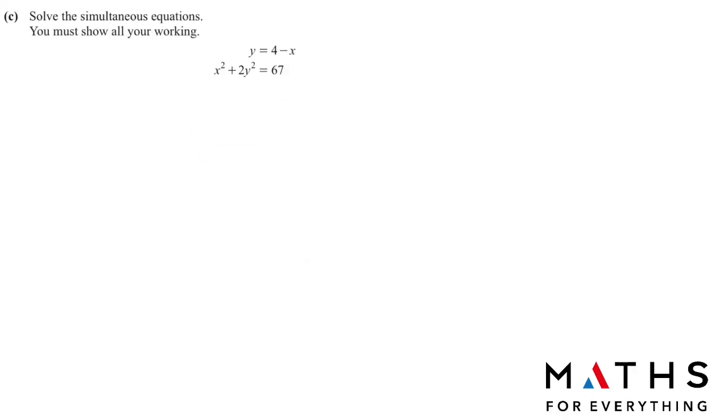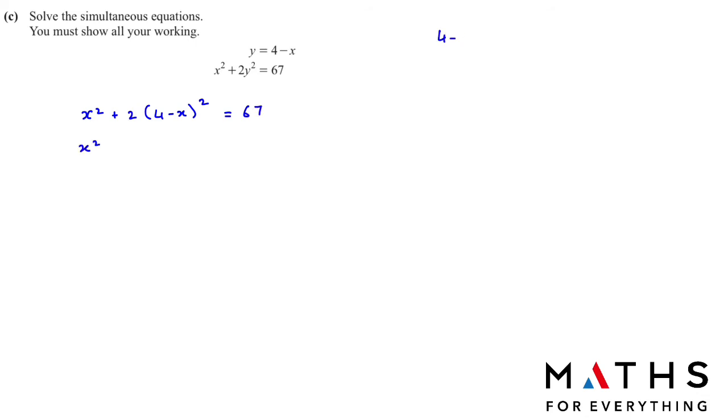Question number C. This simultaneous equation has a linear equation and a quadratic equation. You already have y is equal to 4 minus x. We just use the substitution method, and where there is y, we substitute with 4 minus x. Remember the power.